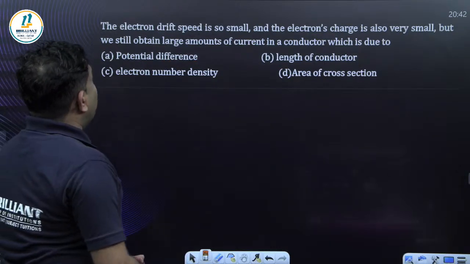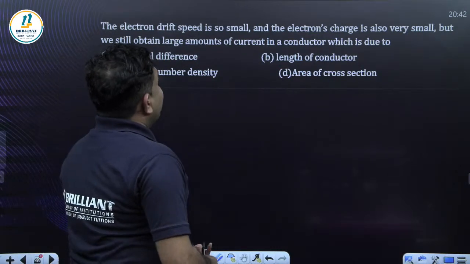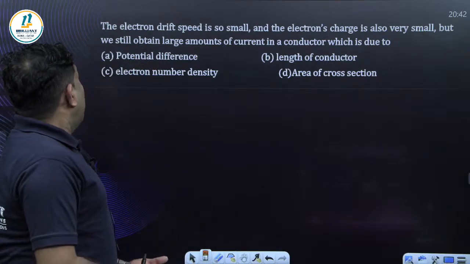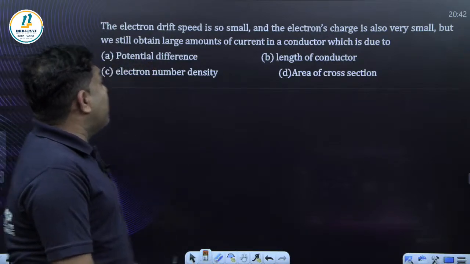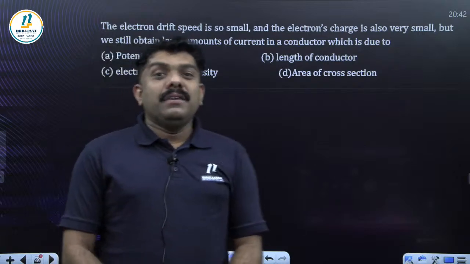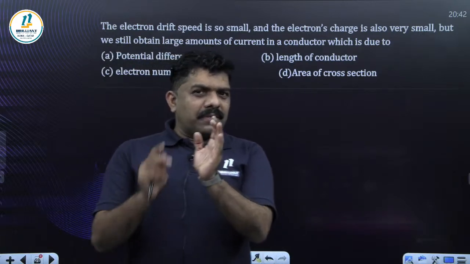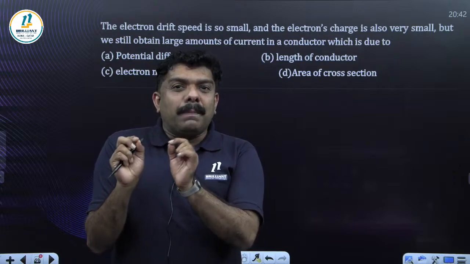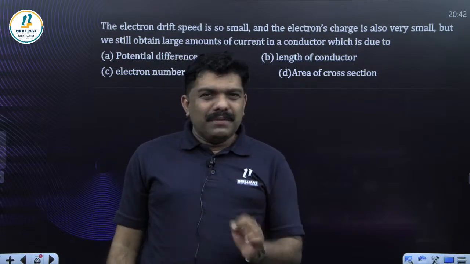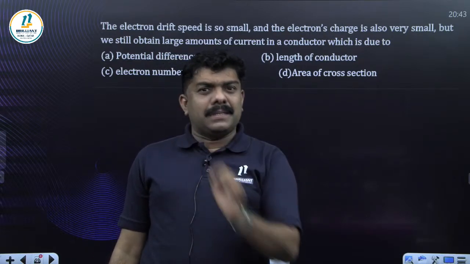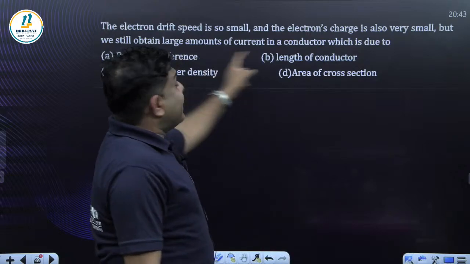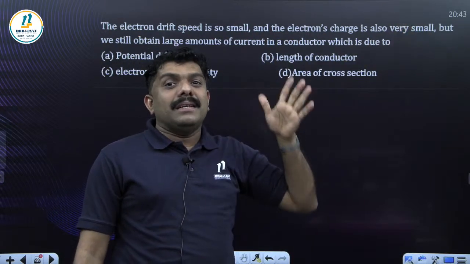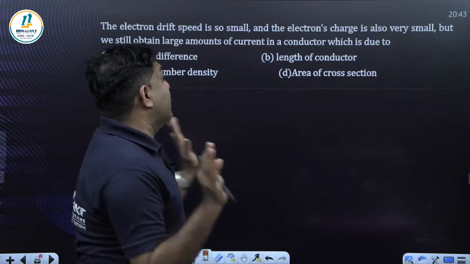The electron drift speed is so small and the electron's charge is also very small, but we still obtain a large amount of current in a conductor. Drift speed is in the order of a few millimeter per second, very small. And the charge of an electron is 10 raised to minus 19, very less, but still we are getting a large current.